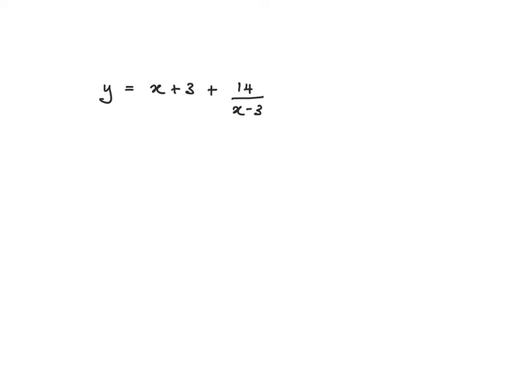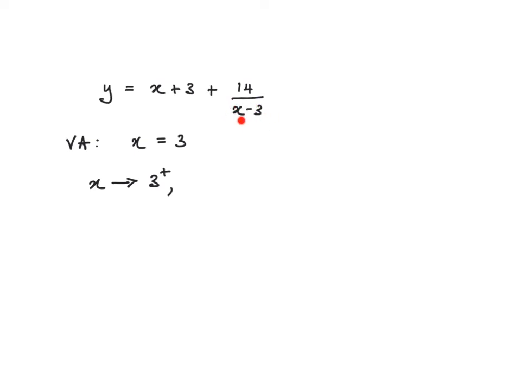What I'd also like to do is to look at the vertical asymptote, because you can see that we cannot have the value 3. So we've got a vertical asymptote at x equals 3. Now what happens as x tends to 3 from above? So we have, say, 3.1. 3.1 take away 3 is 0.1.